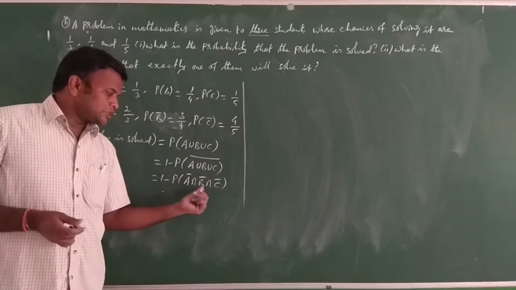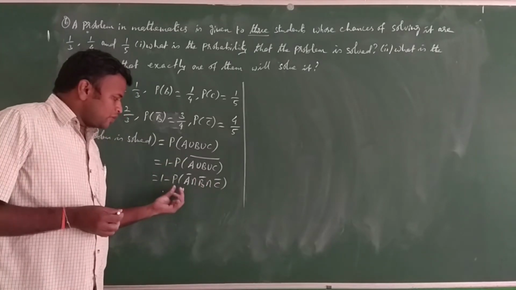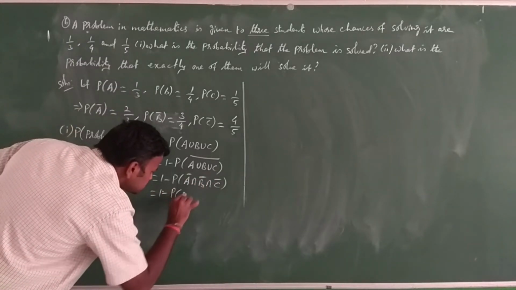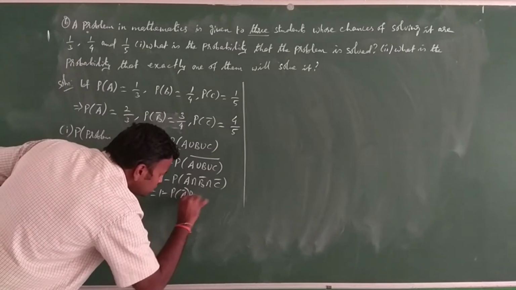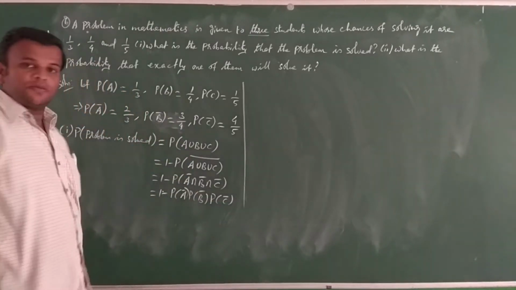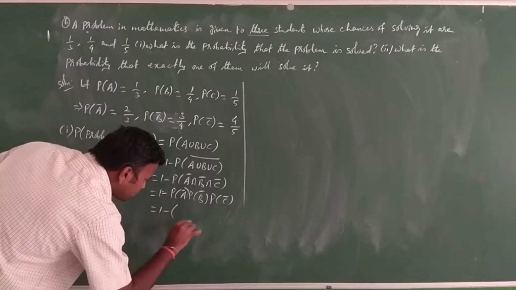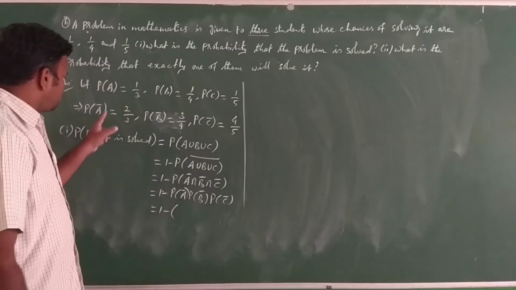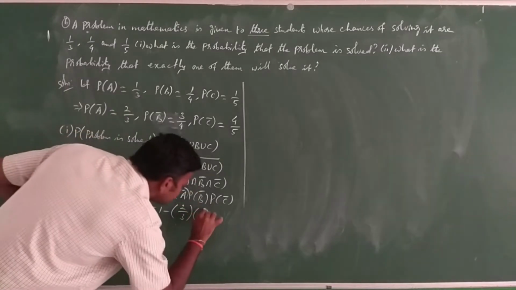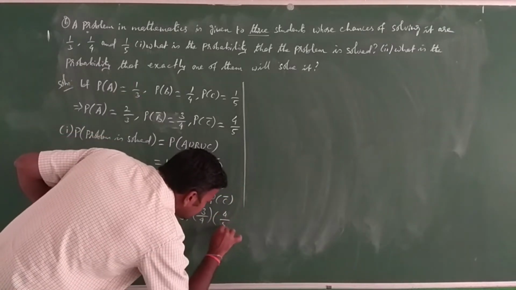So P of A bar intersection B bar intersection C bar, since the events are independent, we write separately: 1 minus P of A bar, P of B bar and P of C bar, because all the three events are independent. 1 minus 2 by 3, 3 by 4, 4 by 5.